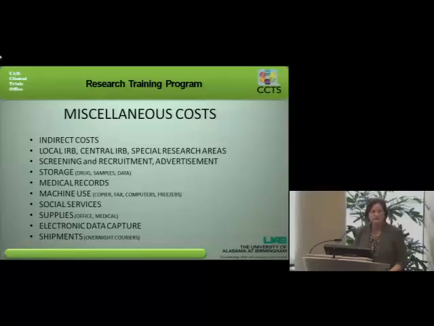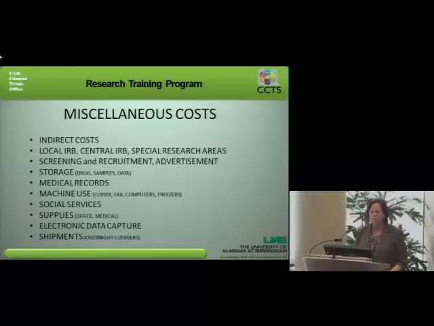In terms of miscellaneous costs, don't forget that your institution or your location may have indirect costs that you need to include. There may be local IRB or central IRB or special research area costs. Screening and recruitment costs. Are you planning to advertise for screening and recruitment?